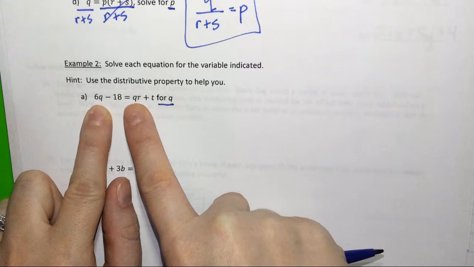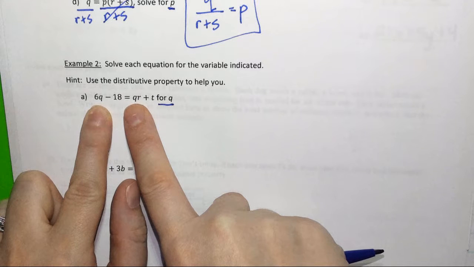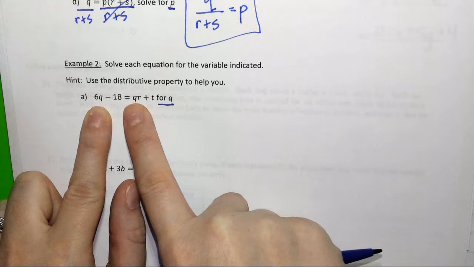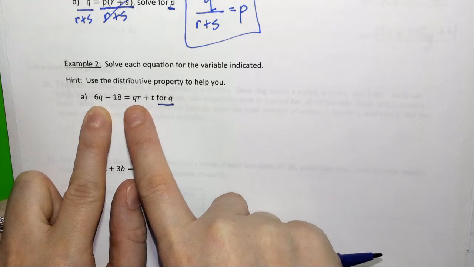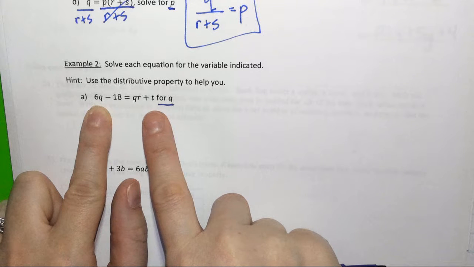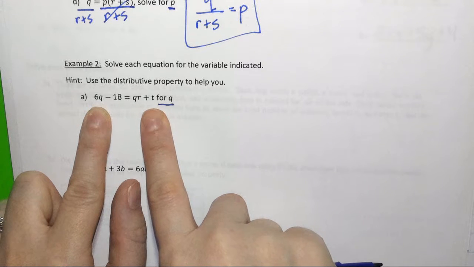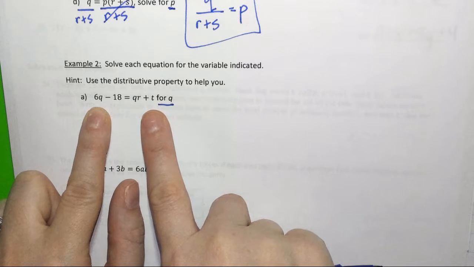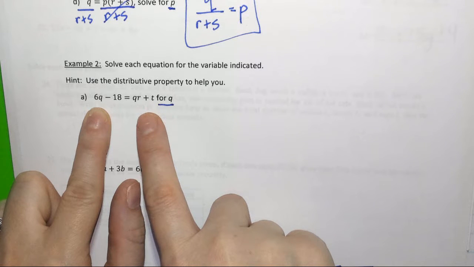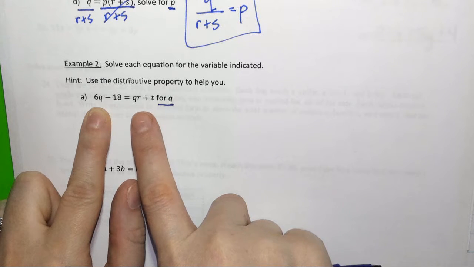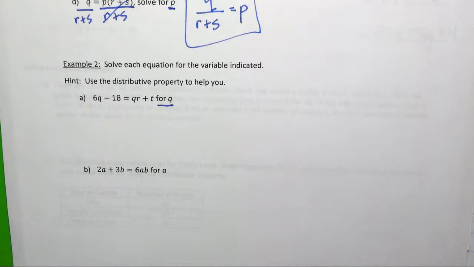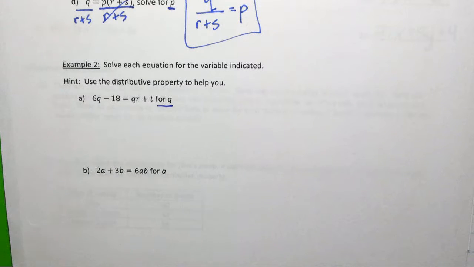The first thing I want to do is get all the terms with Q on one side of the equal sign. And if they don't have a Q, get them on the other side. So, what could I do first to start that process? I need to move all the terms with Q on one side, all the terms without Q on the other side. Any ideas?